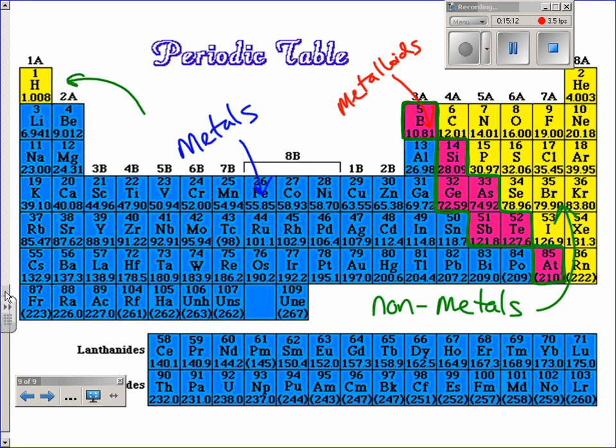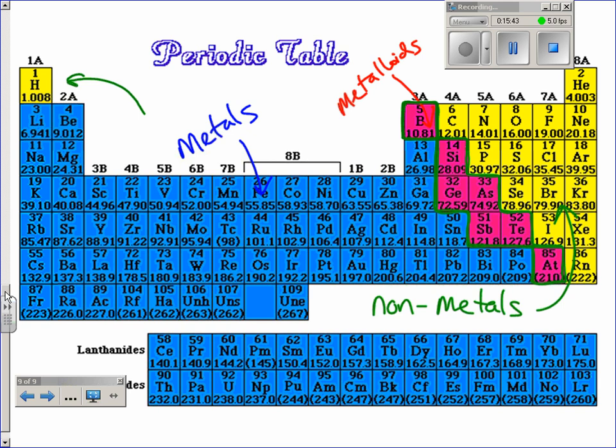The rest are metals. And of course, everything on the right side of the metalloids are the non-metals. So that is how the table has been set up, with periods as rows, with groups as columns, clearly separating each of the three types of substances: metals, nonmetals, and metalloids.